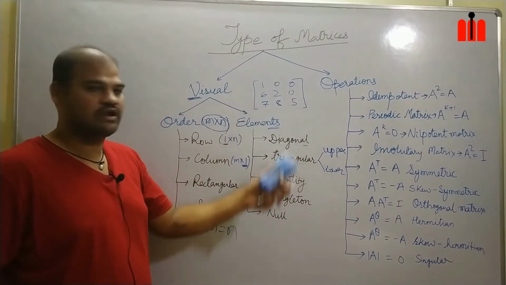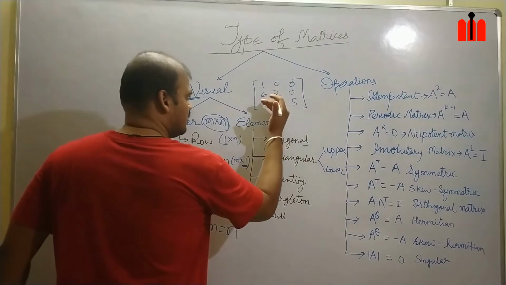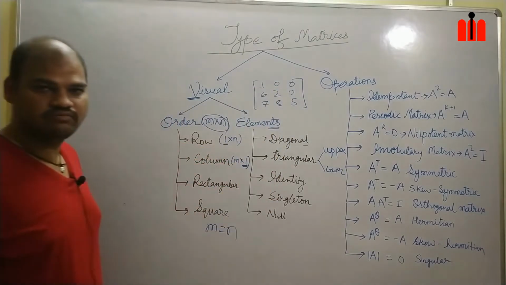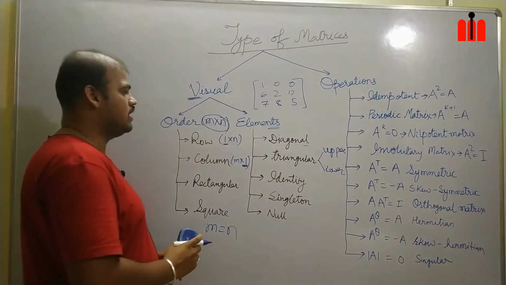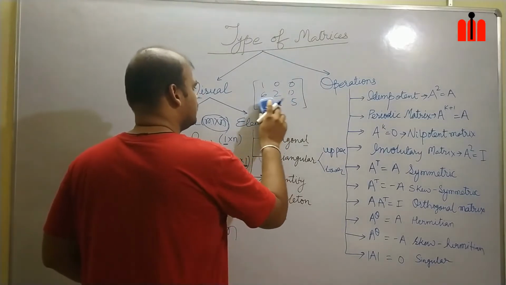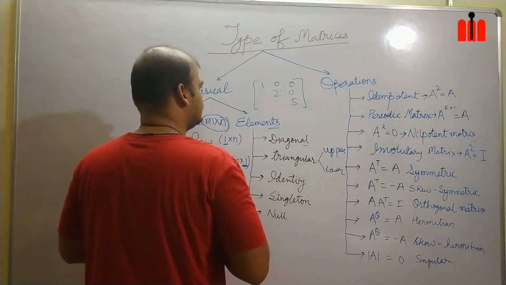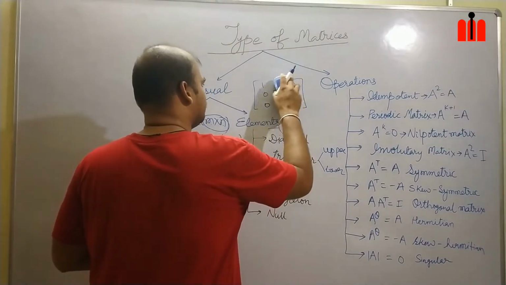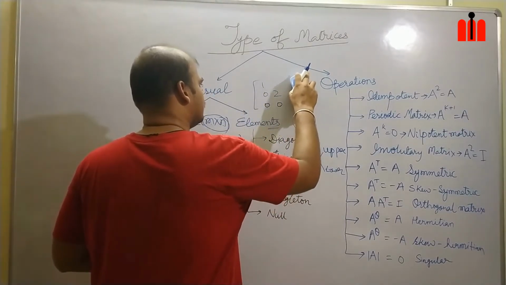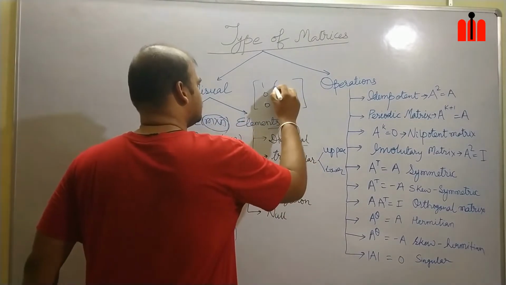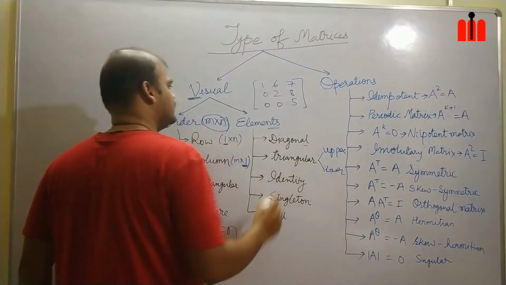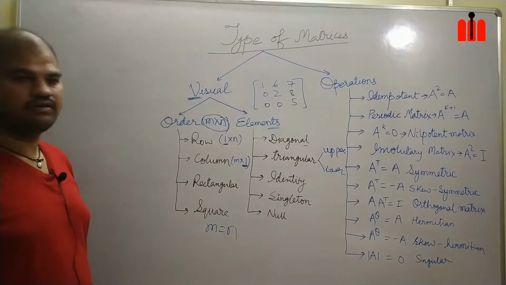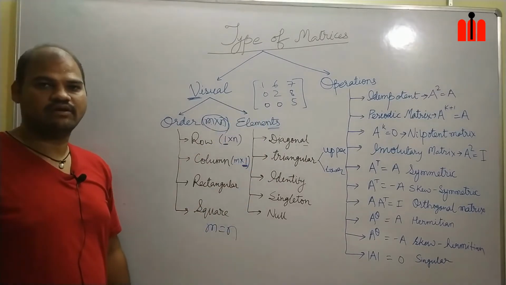So this is a lower triangular matrix in which the lower triangle has the natural numbers. Now for an upper triangular matrix, these elements will be 0, 0, 0. Here it will be some numbers like 6, 7, 8. Such type of matrix is known as the upper triangular matrix.